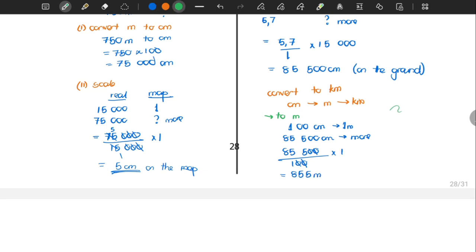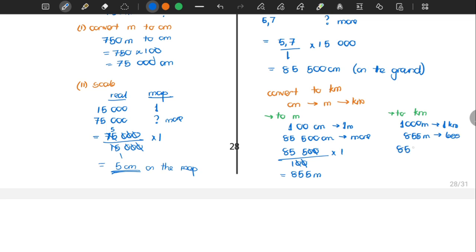And the next part is to kilometers. And converting to kilometers, now that we know that 1,000 meters gives us 1 kilometer. When we have 855 meters, we're going to expect less because it's less than 1,000.